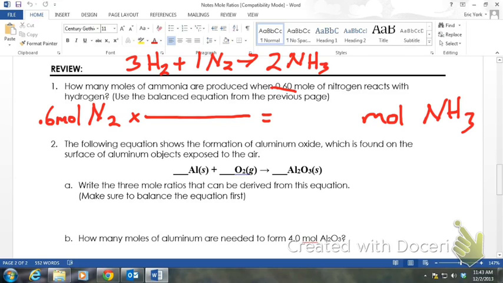We take our number, our unit that we're wanting, and where do we put it? The unit that we want goes on top. Okay, and then what goes on bottom? The given, the unit that we're given, moles of N2.